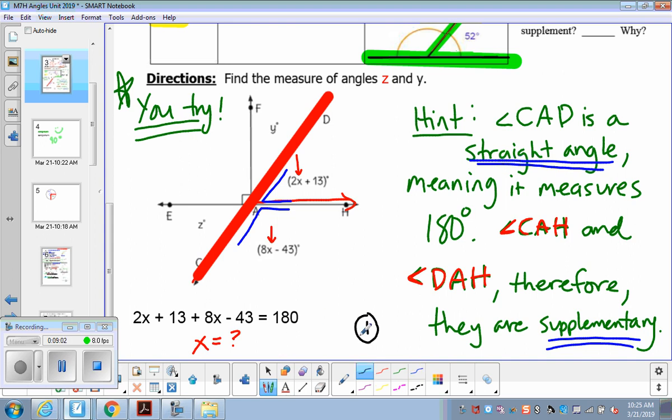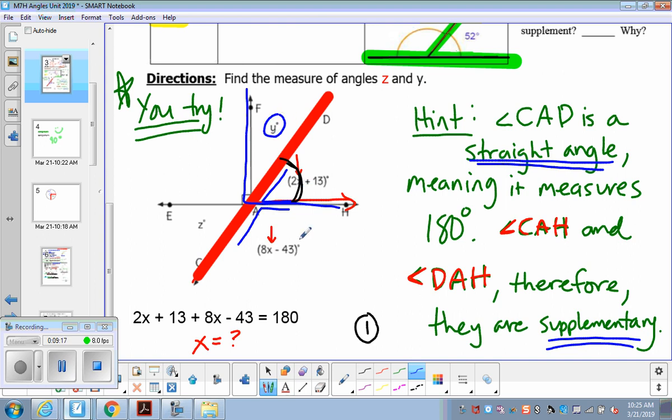Once you know what this angle right here measures, you can use the fact that it makes this right angle to just take it and subtract it from 90, and you'll have found y.